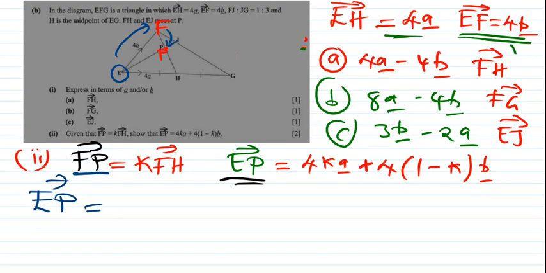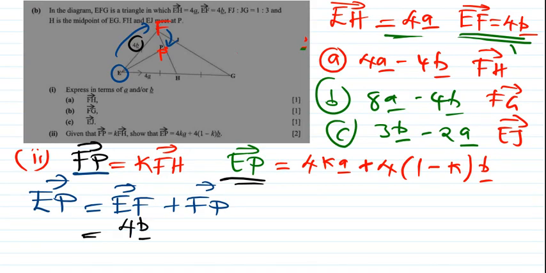So EF, and then from E to F, we have to move from F to P. E to F, we know it's 4B, and then FP, we are given there to be K multiplied by FH. Okay, that's what FP is.